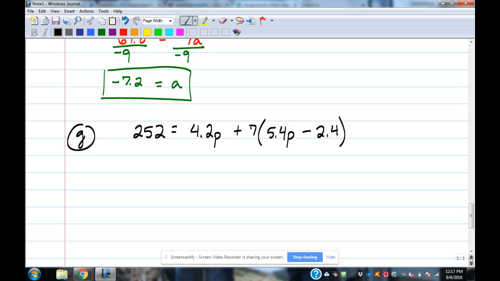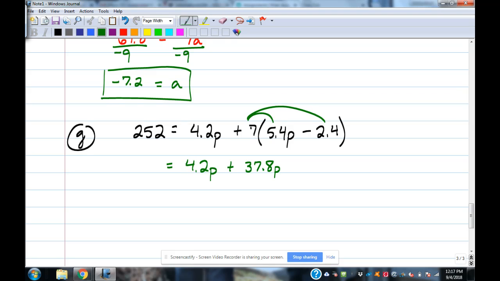We're going to do what first? Yeah, distribute that 7 to both of those. So that's 4.2p plus 7 times 5.4, 35 plus 2.8, 37.8. Is that right?